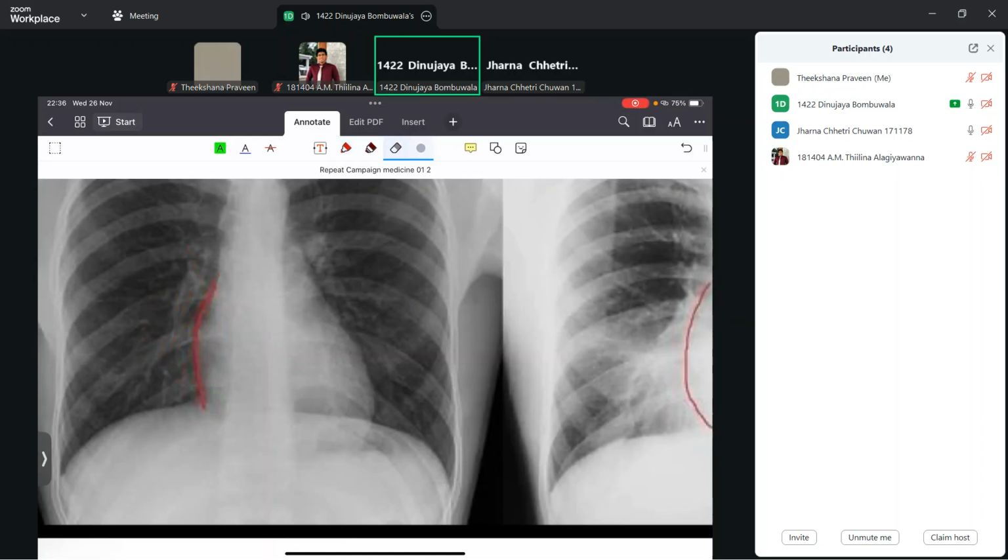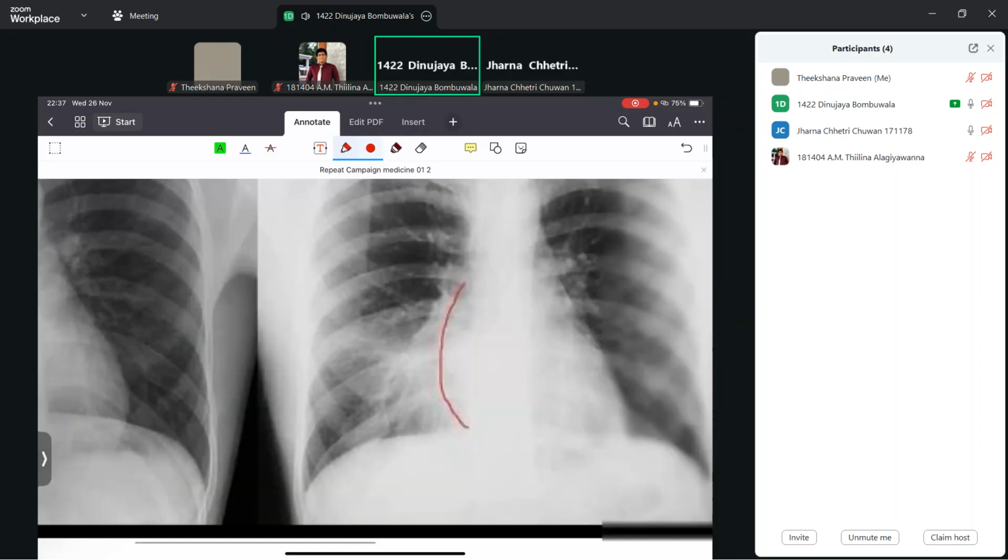And if there is a consolidation here, there will be no proper margin between the diaphragm and the right lower lobe of the lung. So it will also be like this.